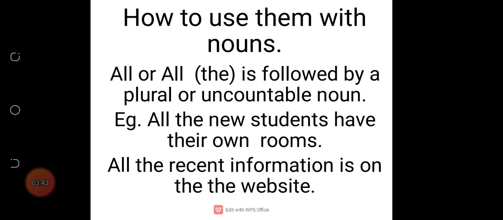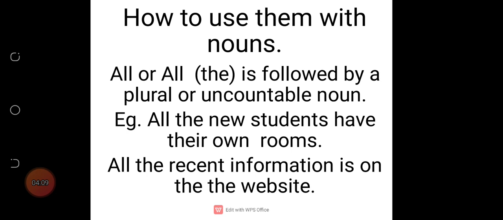All right. Let's look at how to use them with nouns. When we use all, or all together with the article the, it is followed by a plural noun or an uncountable noun. So we should know plural nouns and also know uncountable nouns.